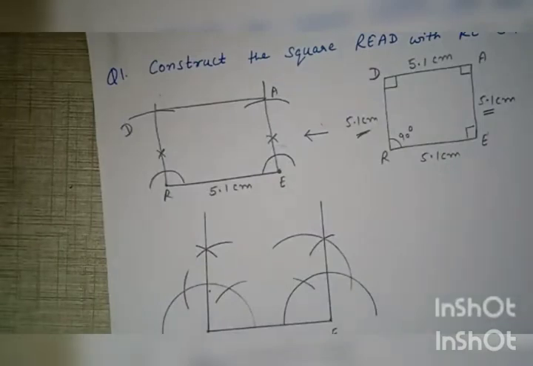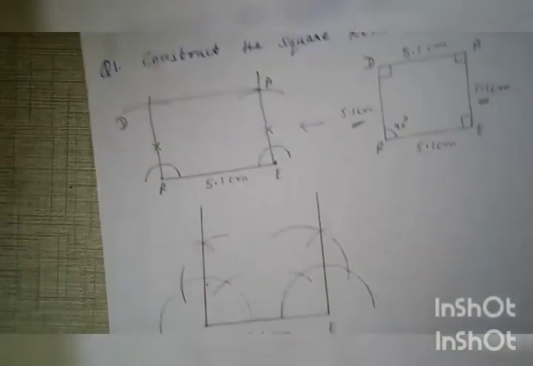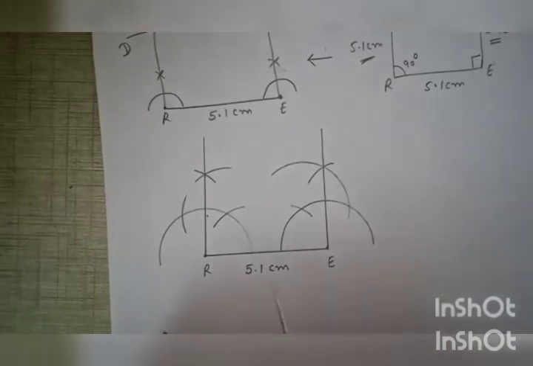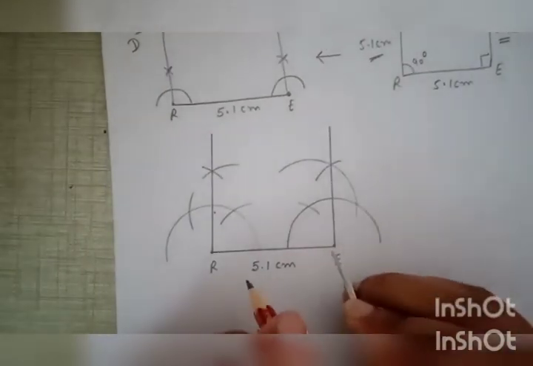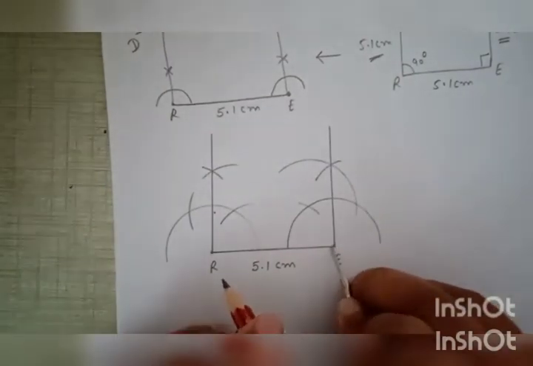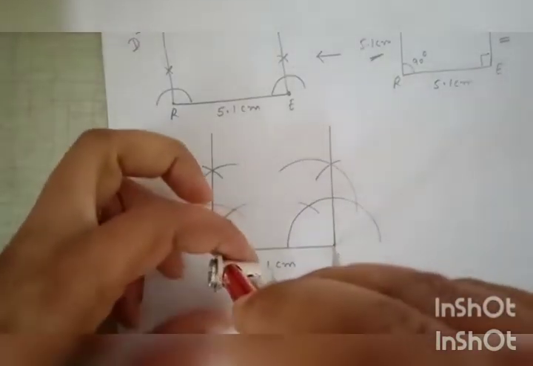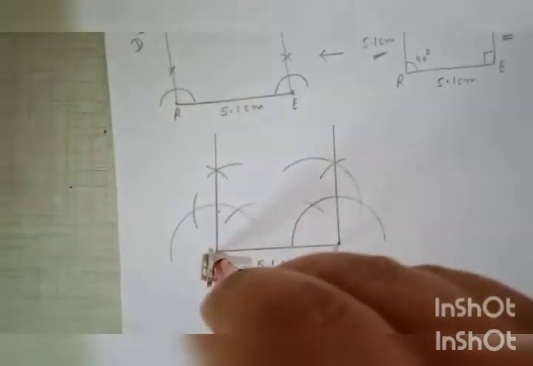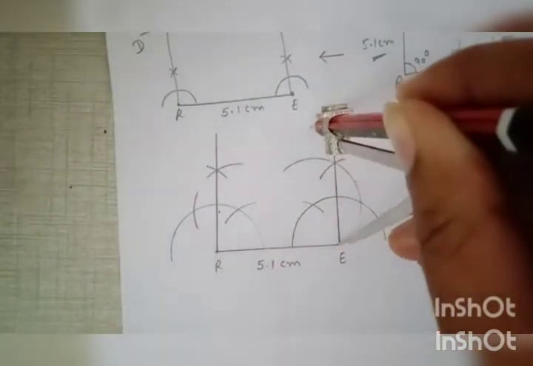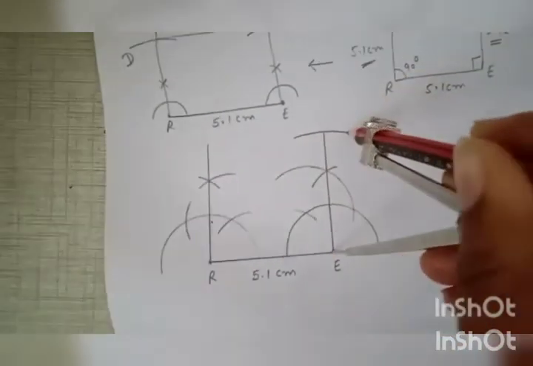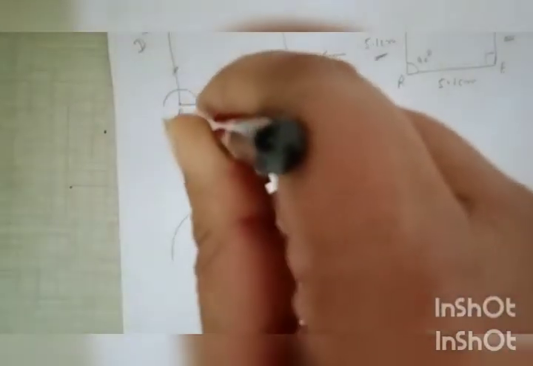So open an arc of length 5.1. Because this is 5.1, I can measure this 5.1 directly from here or from the scale. It's our choice. It's 5.1. So here draw an arc and from R also draw an arc.